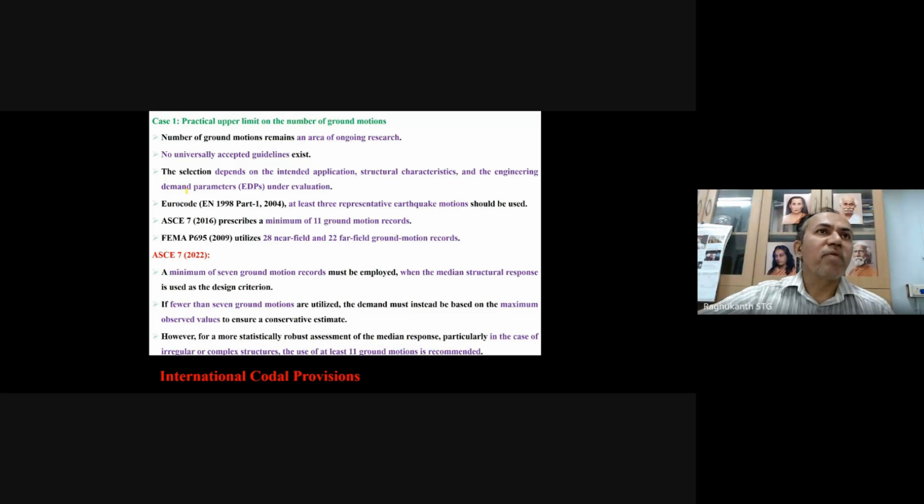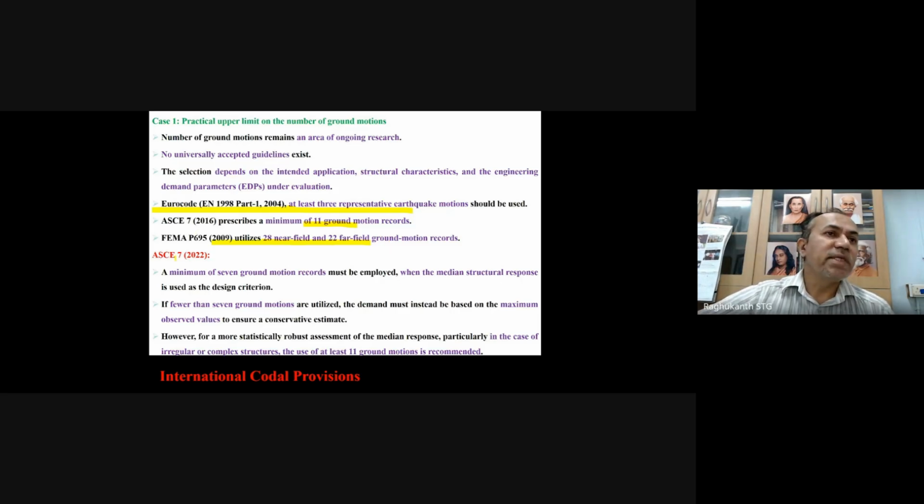For example, Eurocode says 3 time histories, 3 analyses are sufficient. But ASCE 7 says that 11 ground motions have to be used in our analysis. Then FEMA P695 says you have to use 28 near field and 22 far field for the time history analysis.